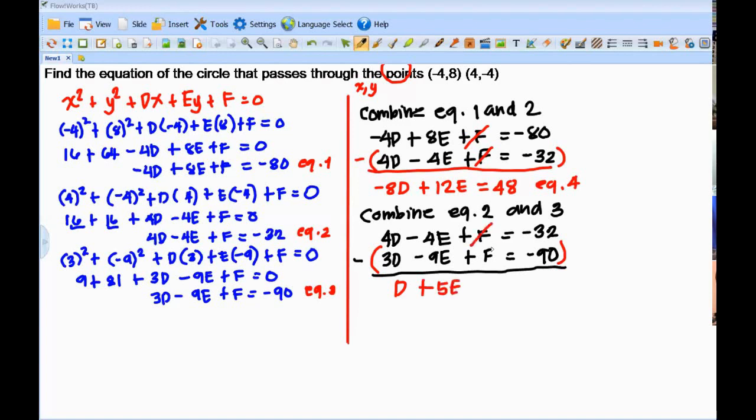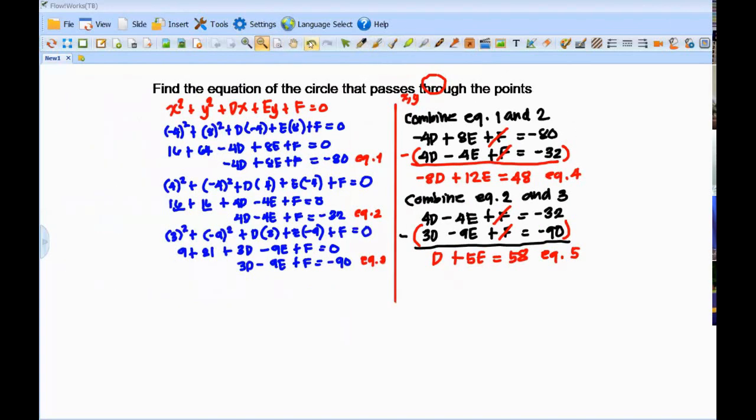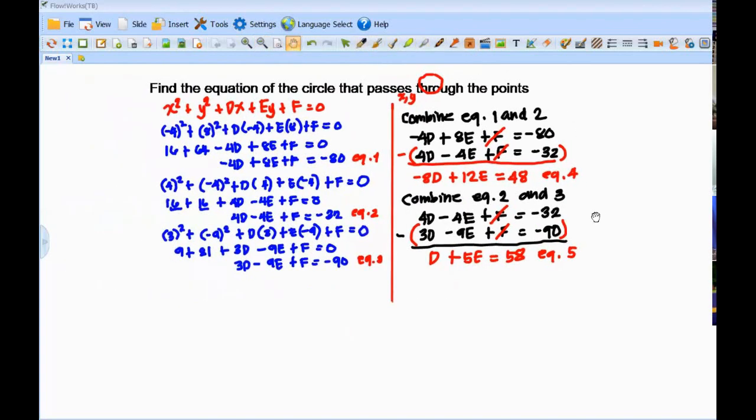And then the F will be canceled already, is equal to negative 32 minus negative 90. So it will give you 58. So that is equation 5. Clear?